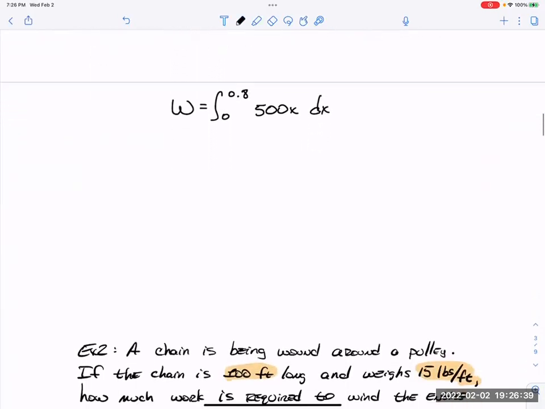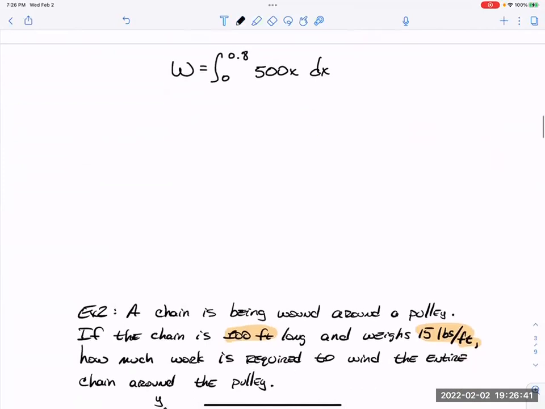So here's what we need to work out. We can take the 500 in front, but what's the integral of 500x? That would be 250x squared, evaluated from 0 to 0.8. Now we plug in 0.8 and plug in 0.